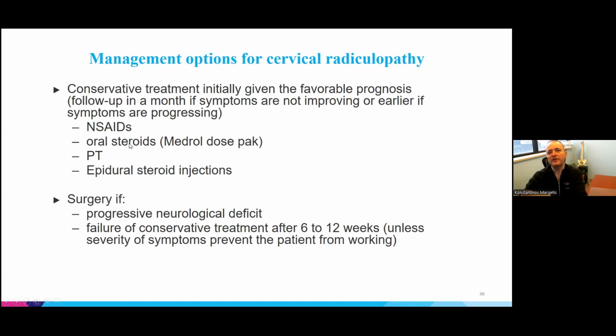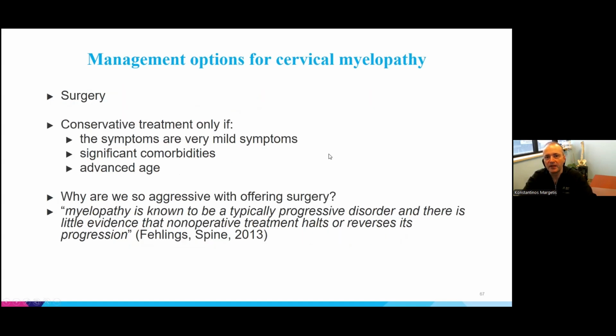Now, for radiculopathy, we try again NSAIDs, steroids. We might try a Medrol dose pack, physical therapy, epidural injections. But if the patient has a progressive neurological deficit, or the pain persists after several weeks of non-operative treatment and the pain is severe enough, then we might consider doing surgery.